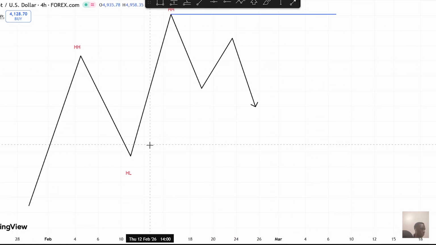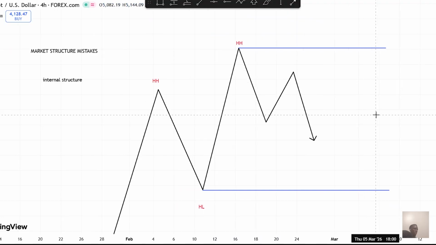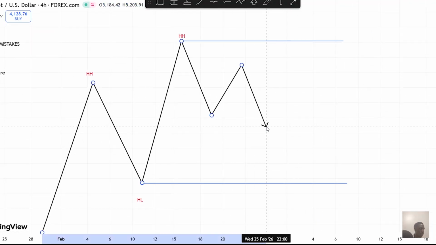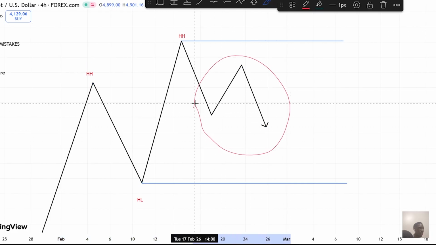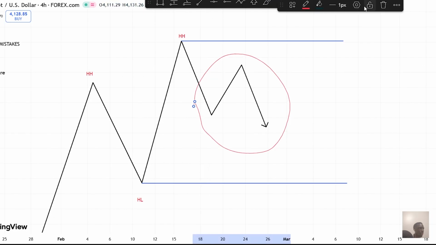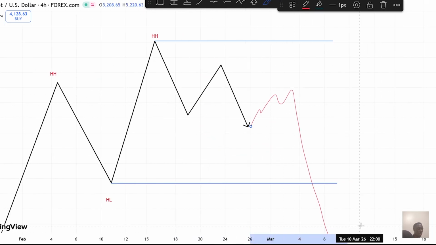Most traders will see something like this here, and then they'll look at this as a breakout structure for price to push to the upside and then continue lower.